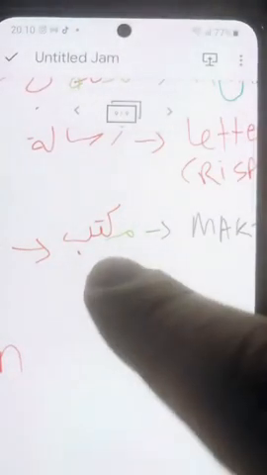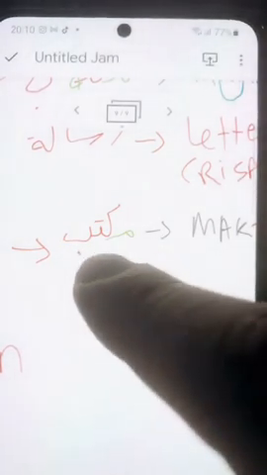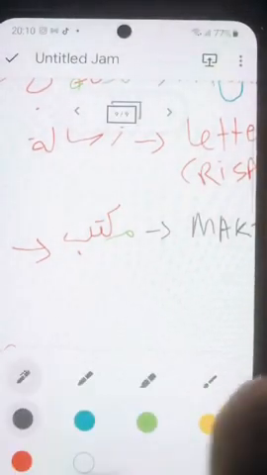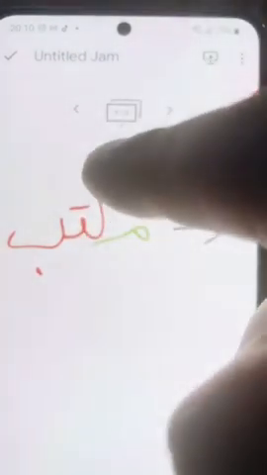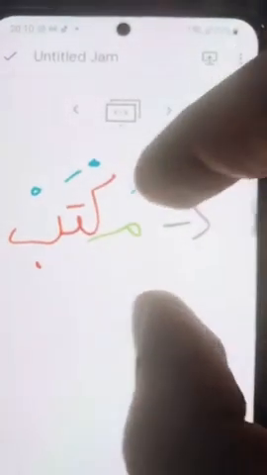And then I will write one more. Write, basically as an order. As an order, it becomes, in standard, it's like this. In dialect, it's without the alif.